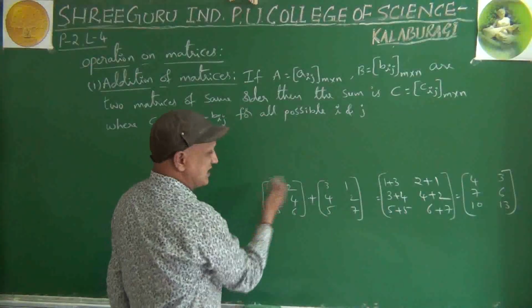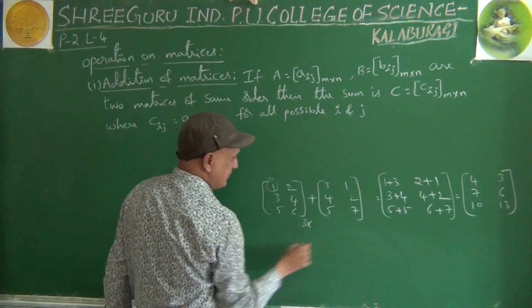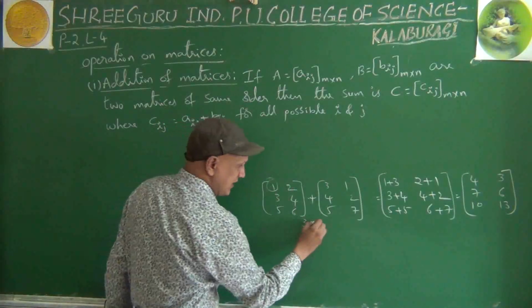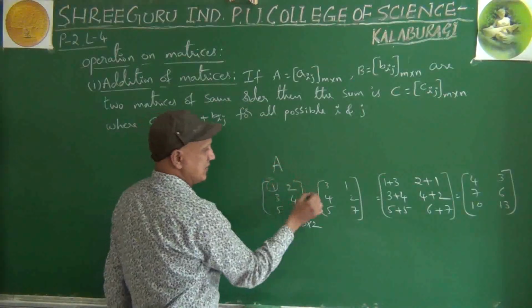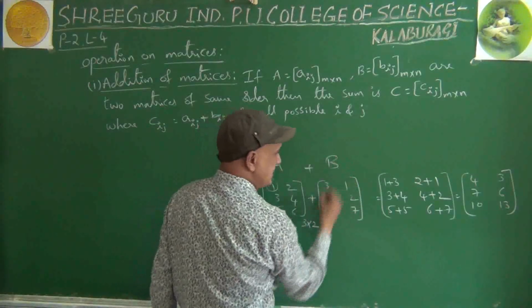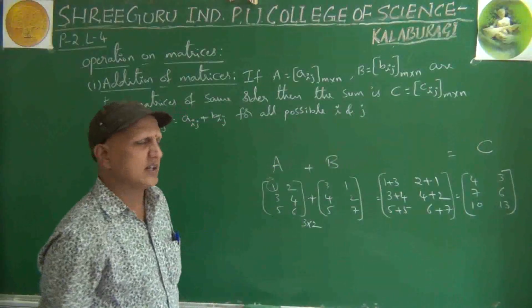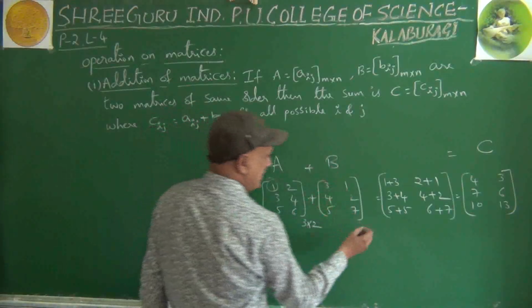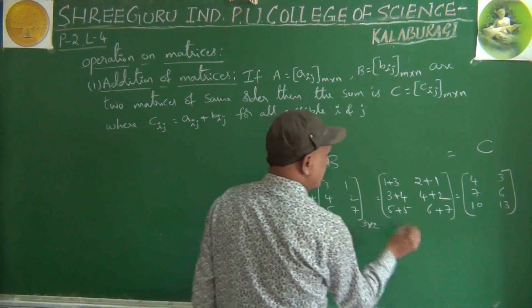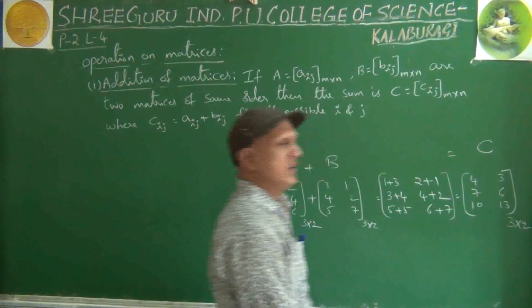In this example, what is the order for this matrix? 3 rows are there, 2 columns are there. Capital A plus capital B, the answer is C. For example, capital A is 3 by 2 matrix, capital B also 3 by 2 matrix, then capital C also 3 by 2 matrix only we get.